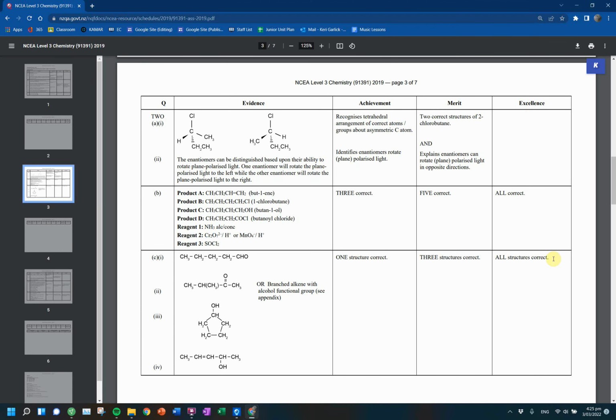If we look at the answer schedule, reagent 1 was the ammonia. That's alcoholic and it is also concentrated, or you can remember it needs to be an alcohol for that ammonia, because if that ammonia is in water, it's going to react with the water and you're going to get the ammonium ion, which won't work.